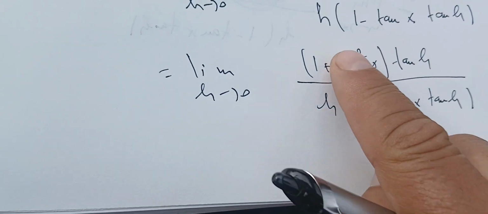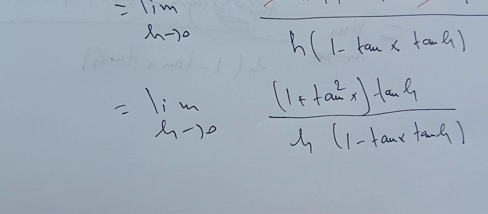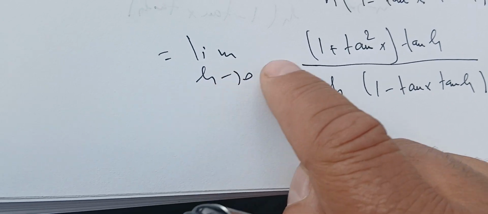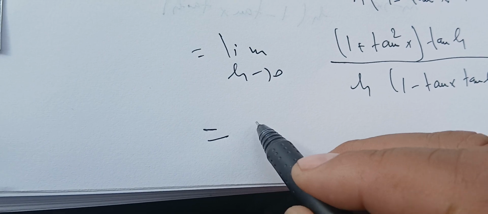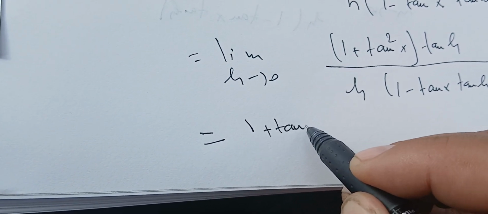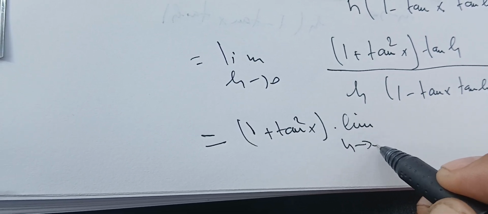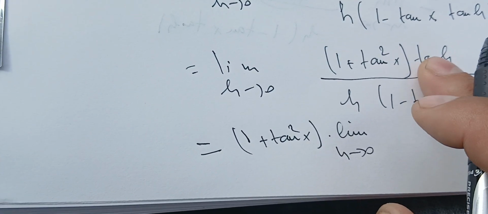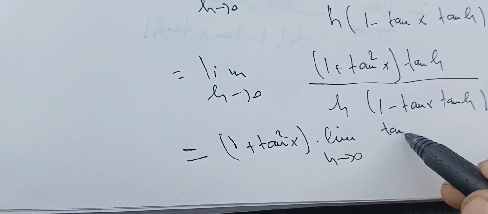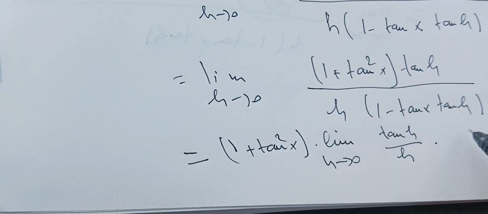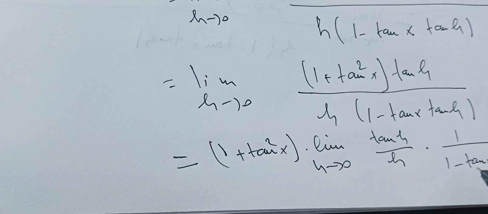Here, 1 plus tangent squared of x doesn't depend on h because we are taking the limit in h, so we will take it out. So we will have 1 plus tangent squared of x times the limit as h goes to 0 of tangent h over h times 1 over 1 minus tangent x tangent h.